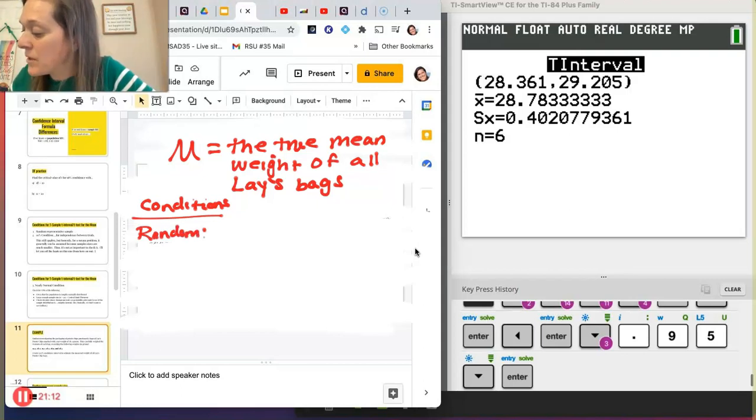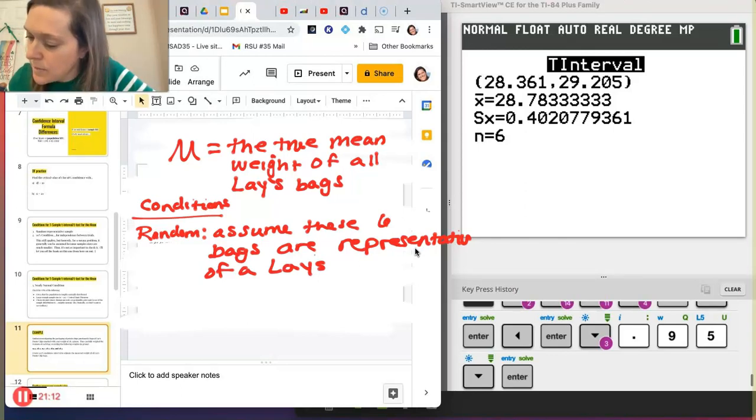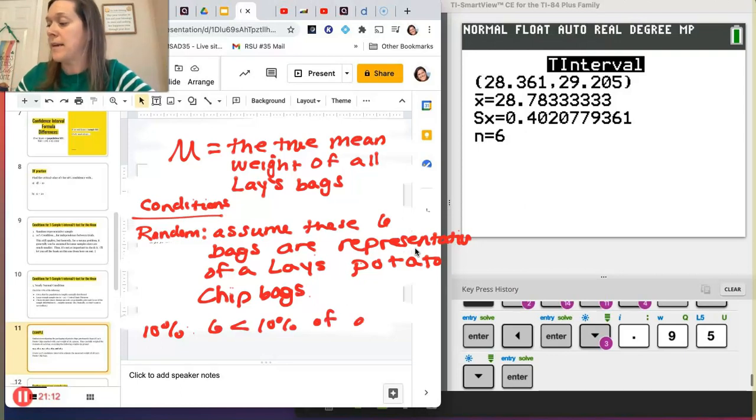Because it wasn't stated, we're going to assume these 6 bags are representative of all Lay's potato chip bags. For 10%, I would definitely say 6 is less than 10% of all bags of chips.